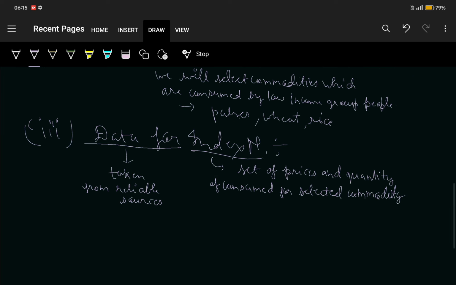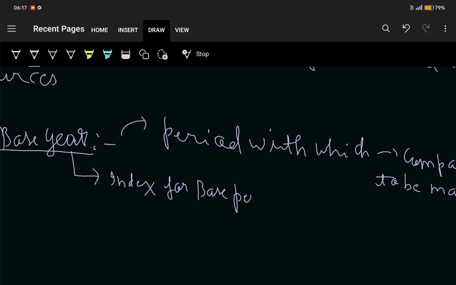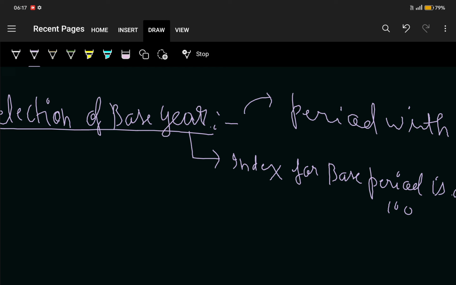Index for base period is always taken to be 100. So base period is a normal period which is free from economic boom and economic depression, because when we select the base year we have to consider this as well.